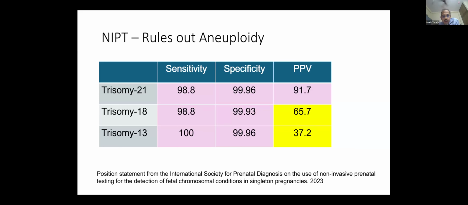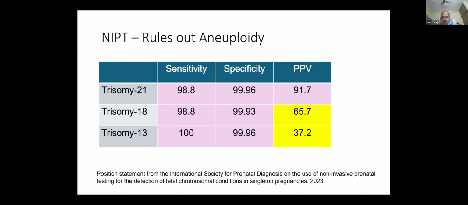But the positive predictive value for 13 and 18 is not very good. Positive predictive value is 65 in trisomy 18 and 37 in 13. 37 in 13 means if the test comes positive, there is a 37% chance this is actually trisomy 13, and a 63% chance this may not be trisomy 13.